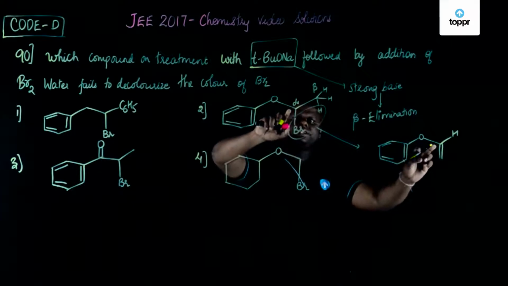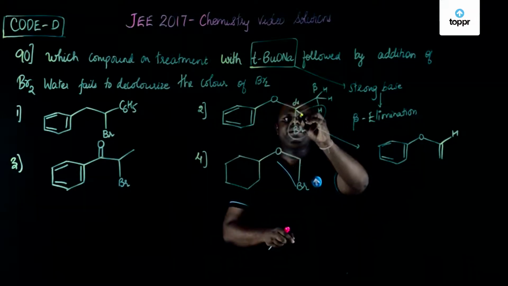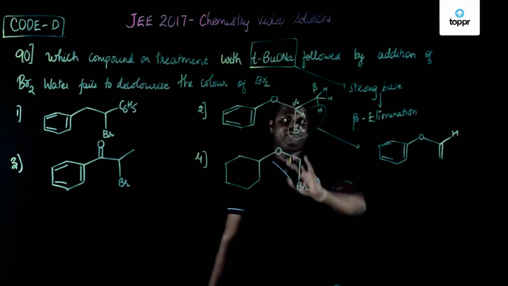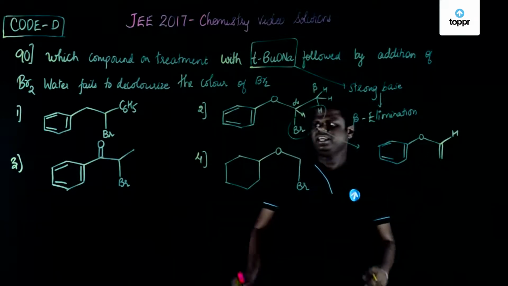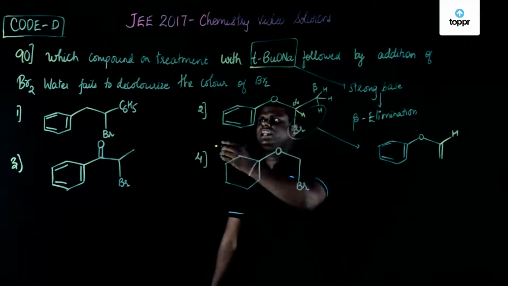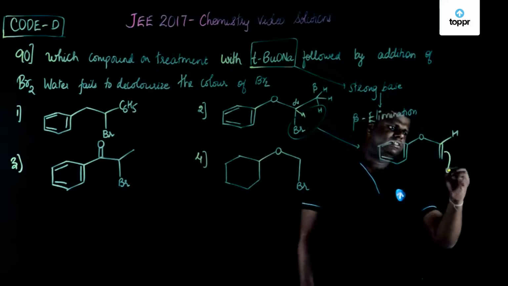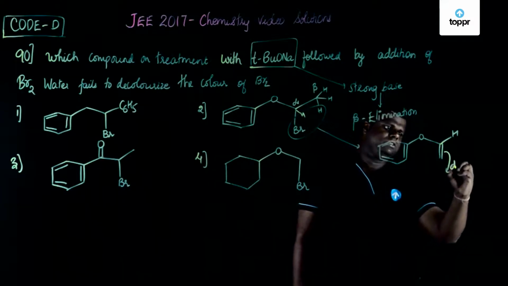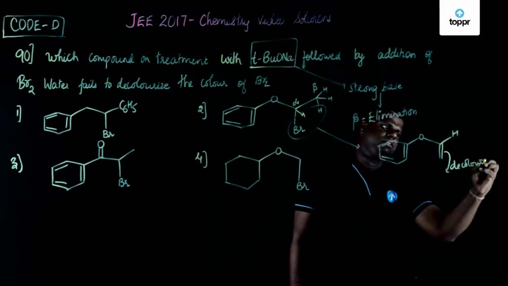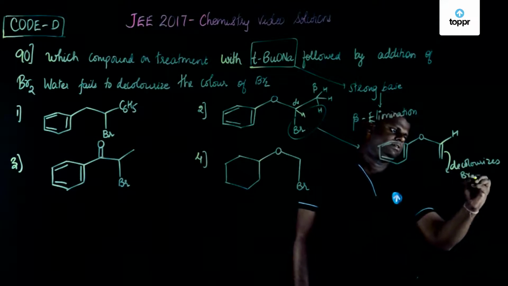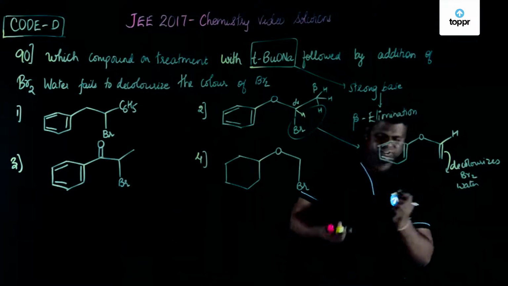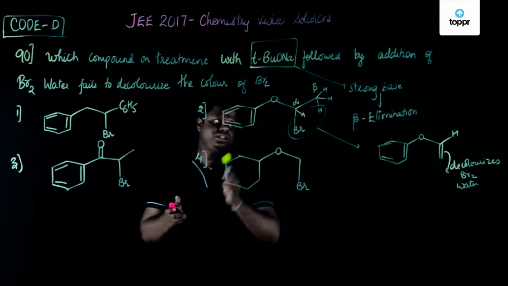O is connected to C and there is 1 hydrogen over here as well, correct? And that's not removed definitely. So this is an alkene, and you already know that alkenes decolorize bromine water, right? So I'll write this decolorizes bromine water. So this is the first one. Now let's move on, so this is the second one.